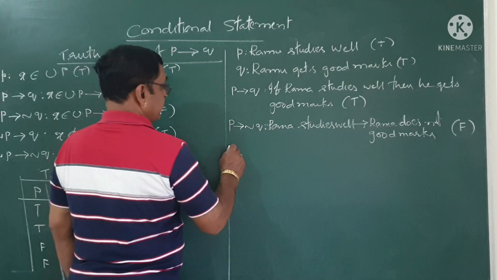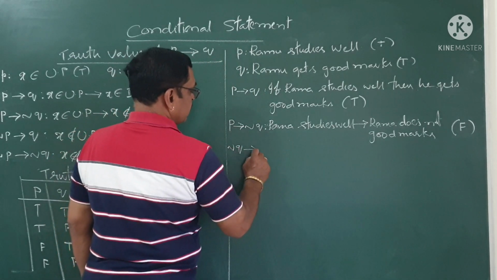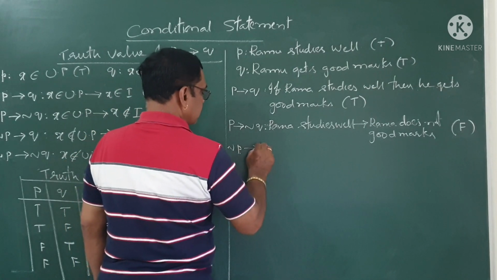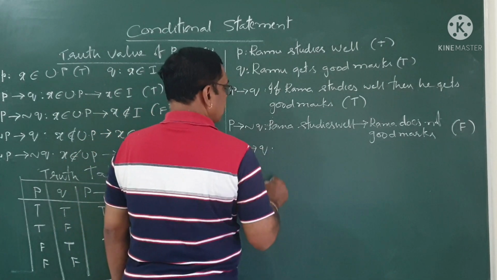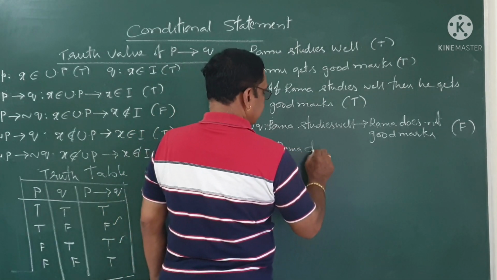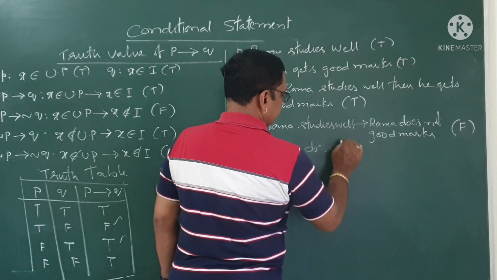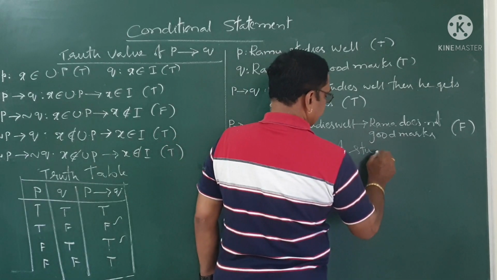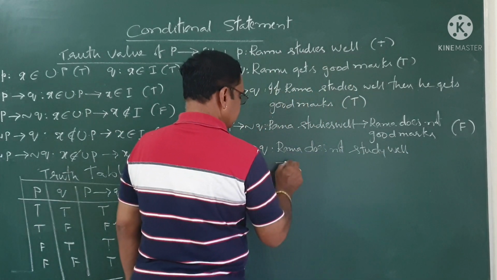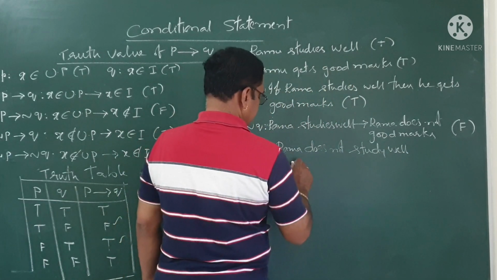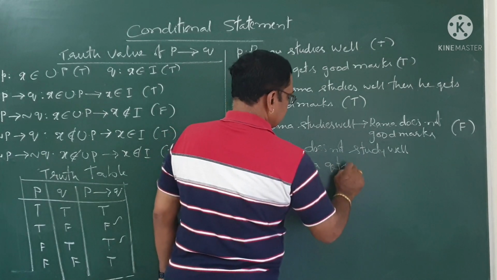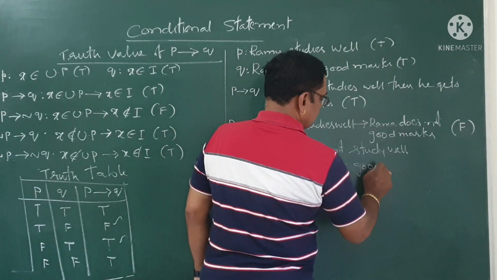Next one, negation of P implies Q. Rama does not study well implies Rama gets good marks.